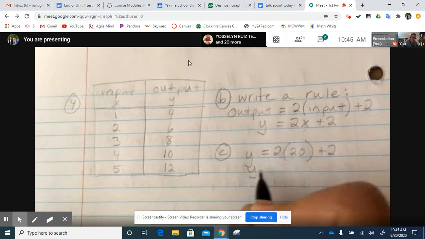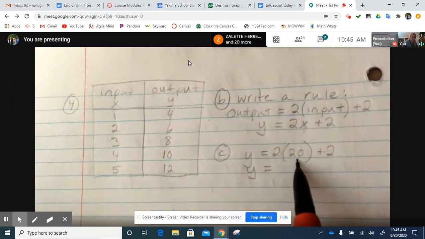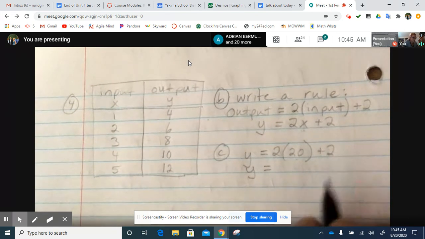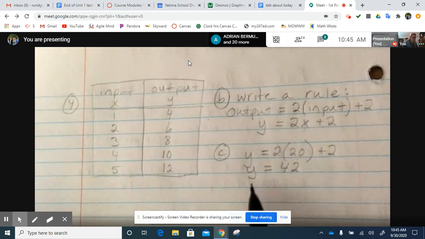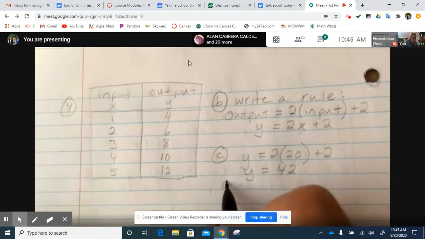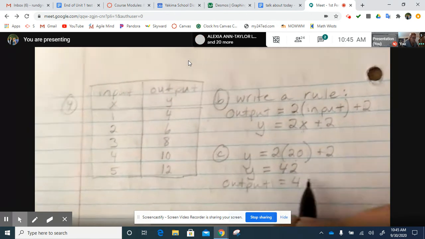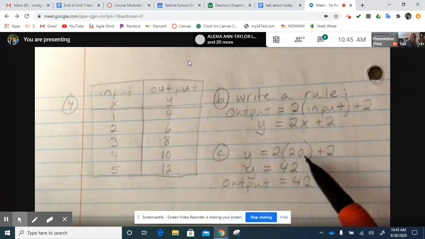Okay, so then we're going to end up with y equals 2 times 20 is 40 plus 2, 42. So that means the output equals 42 when the input is 20.